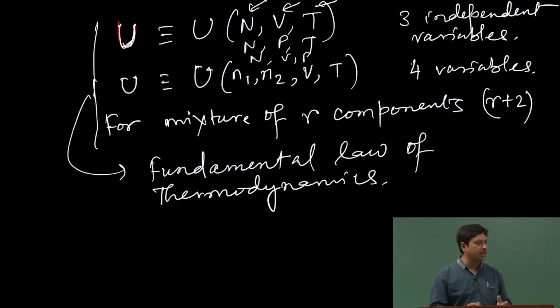Similarly for macroscopic variables, once we define these independent variables, we define the system altogether. Once we know this information, we can calculate every property from the fundamental law of thermodynamics.